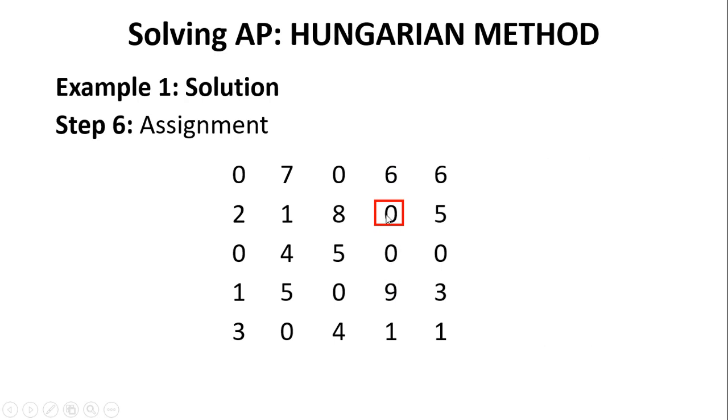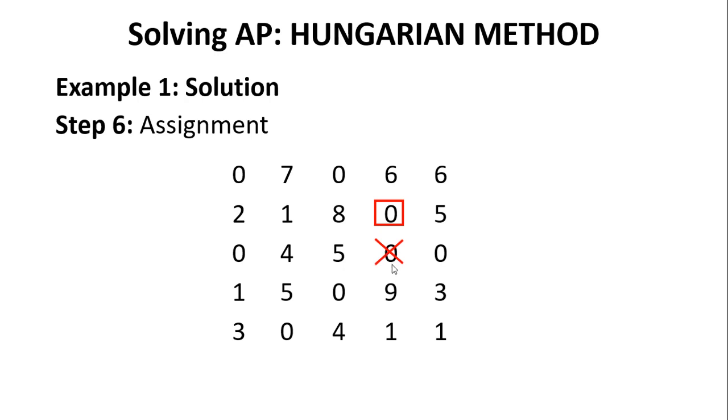And whenever there is any 0 in this row, we are going to cross it, because one machine, one task. The machine also is not going to be assigned another job. So single machine, single job. In this column, we see that there is a 0 here, and we are not going to assign another task in this column, because this job has already been assigned to machine 2. So we are going to cross this 0.